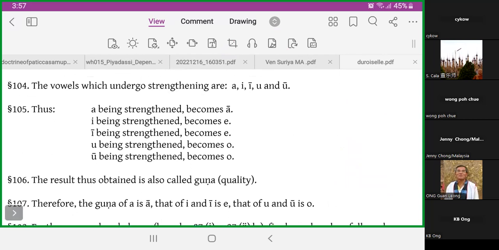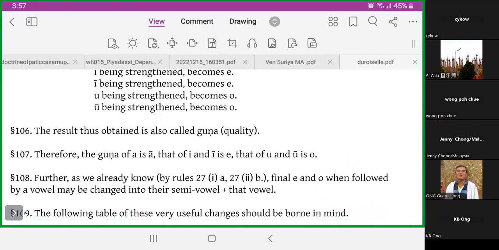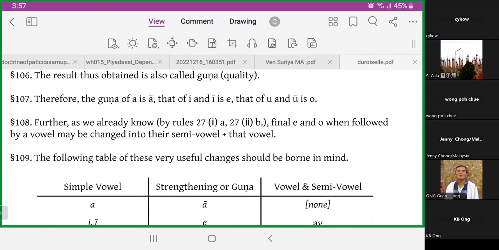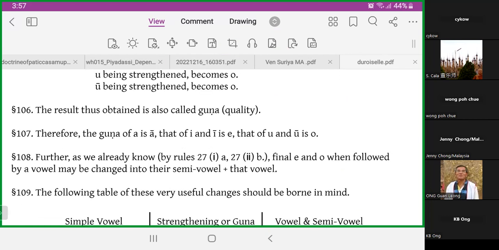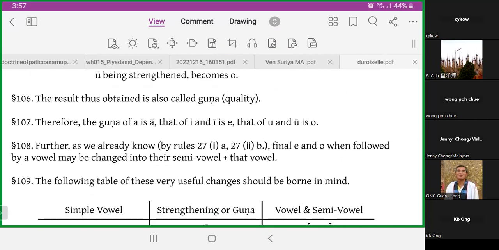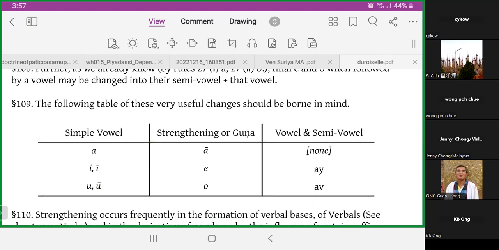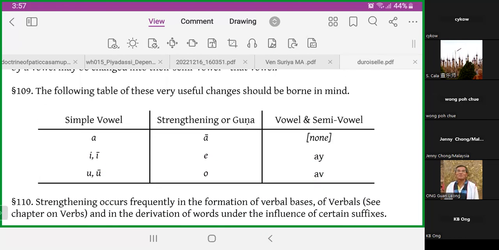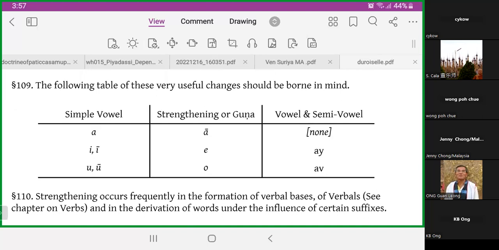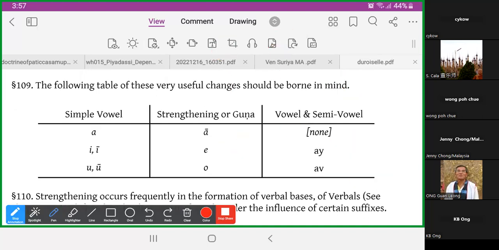So the result, okay. Then this is talking about the same thing. All right. Now we have this one. When longer, the Pali word is called guna.